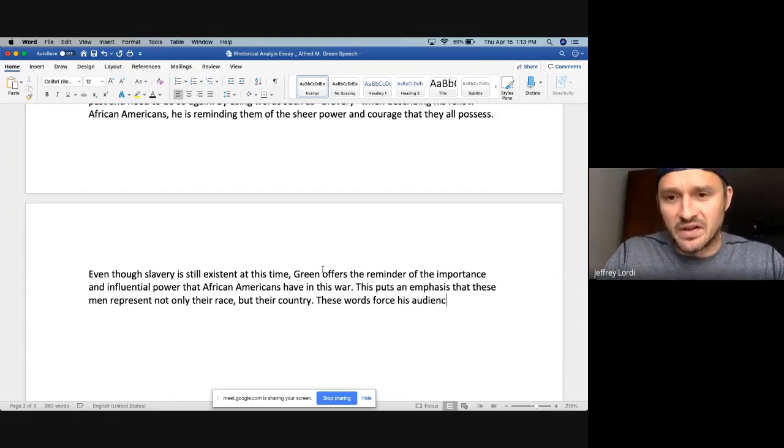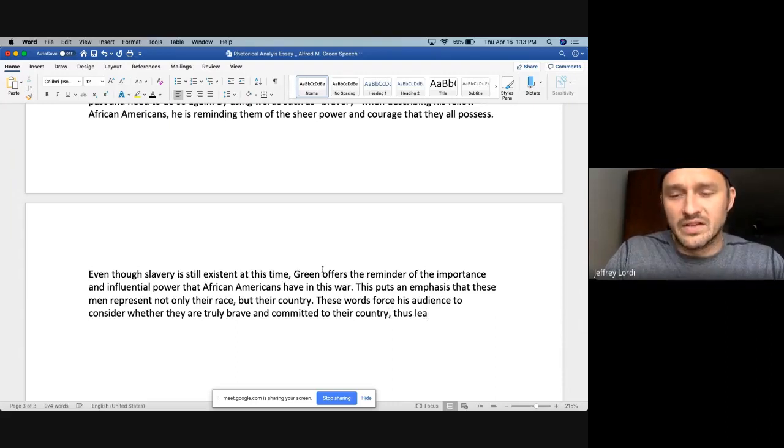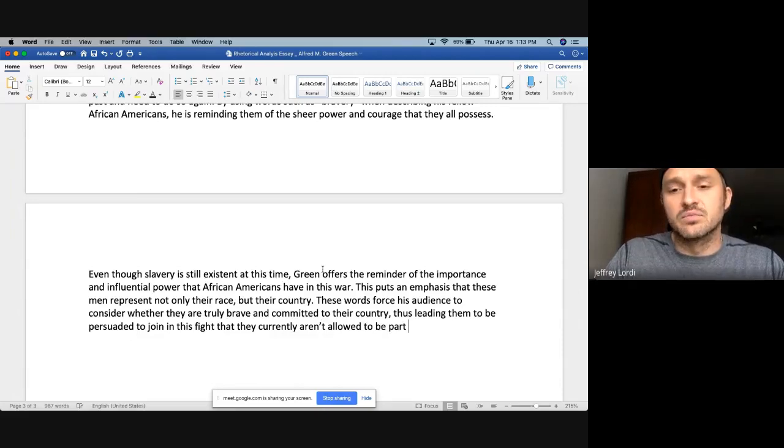So how does it impact the audience? To consider whether they are truly brave and committed to their country, thus leading them to be persuaded to join in this fight that they currently aren't allowed to be part of.